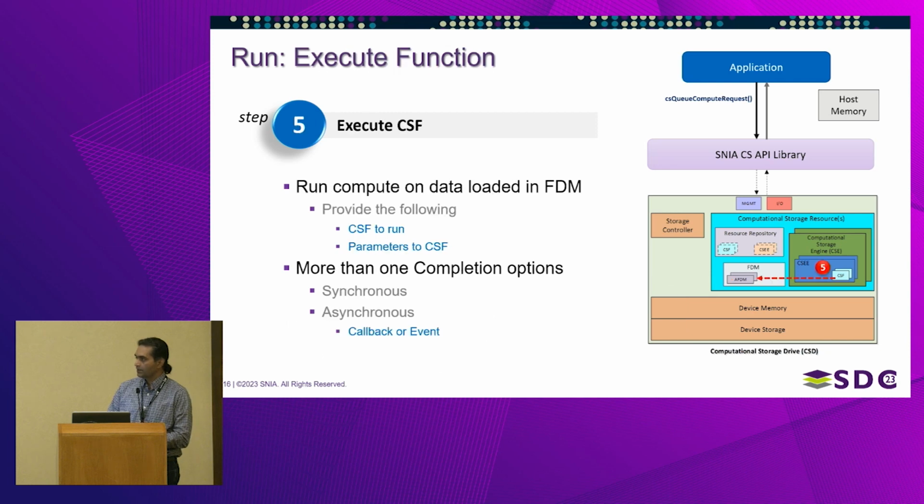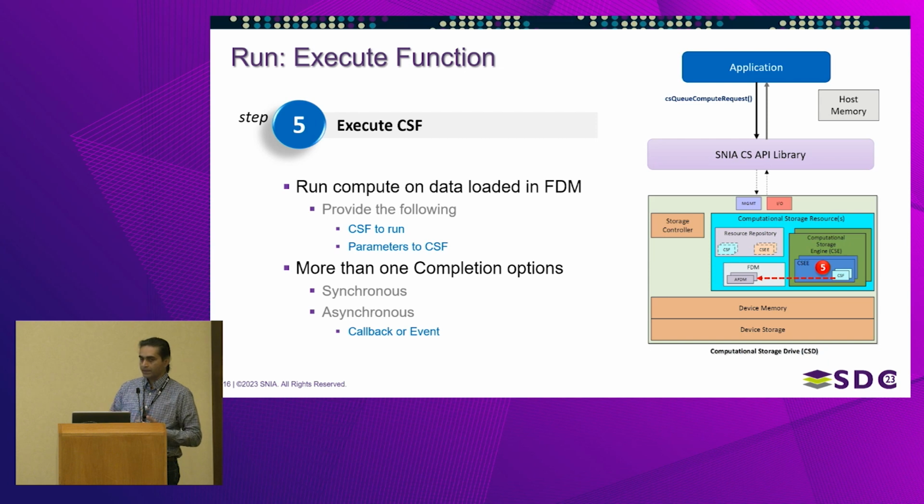Once you have loaded your data, the next thing you would do is execute that CSF that you got access to on the data that was loaded. For that, you would provide the CSF ID which you got as part of your setup. You would provide the parameters that are required for that CSF.